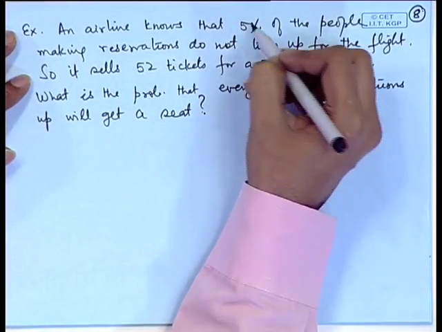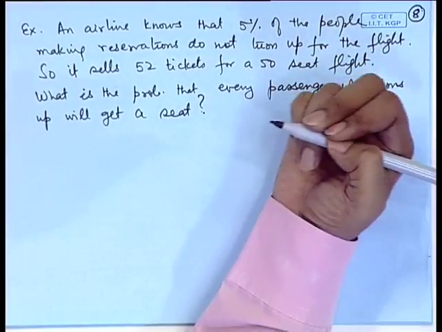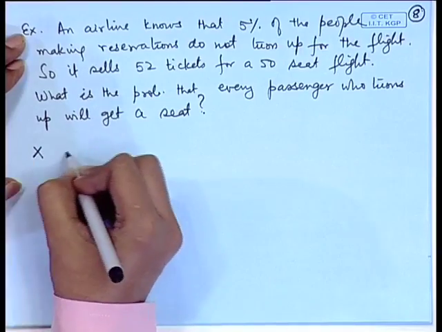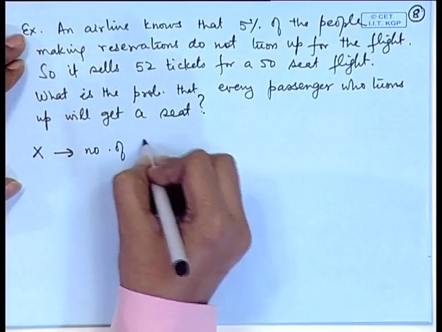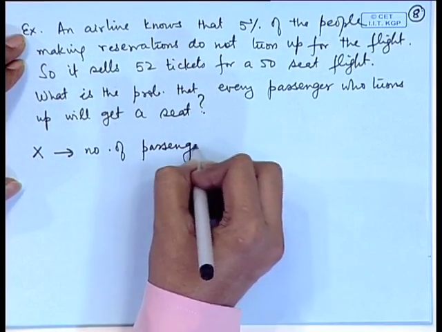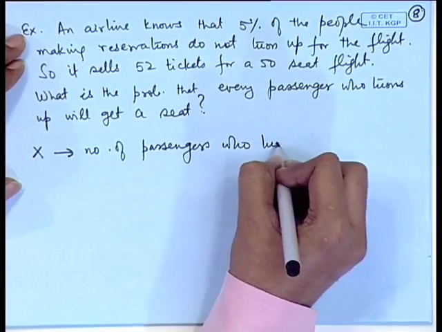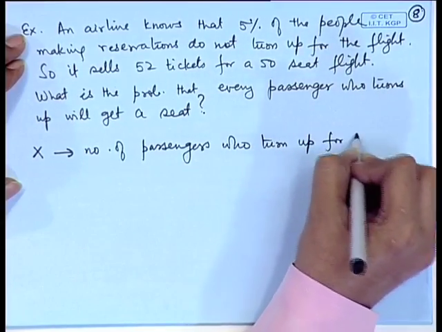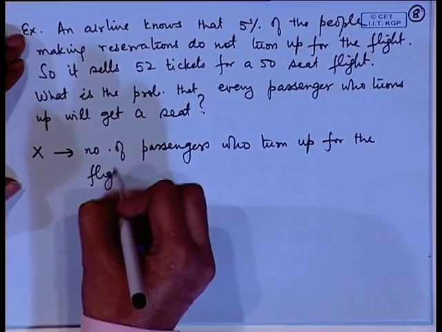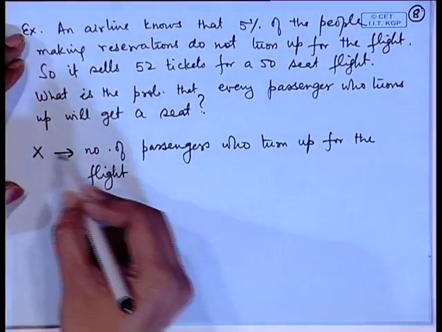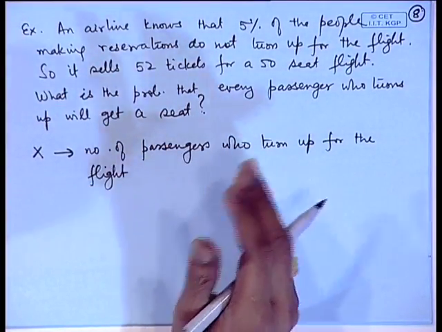So, let us look at this. If a passenger makes a booking, he may not turn up for the flight with probability 0.05 and may turn up for the flight with probability 0.95. So, if I say X is the number of passengers who turn up for the flight, then this can be considered as a collection of Bernoulli trials.